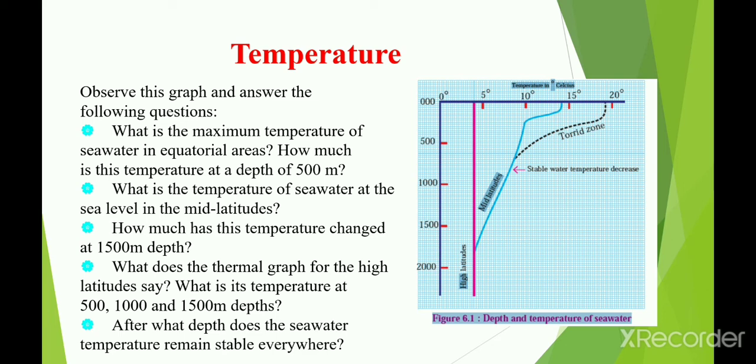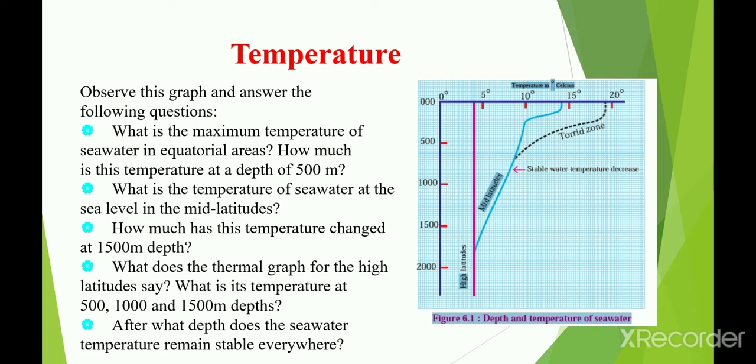It is 4 degrees Celsius everywhere. The temperature of seawater even at 500 meter, 1000 meter or 1500 meter depth in high latitude is uniformly 4 degree Celsius.